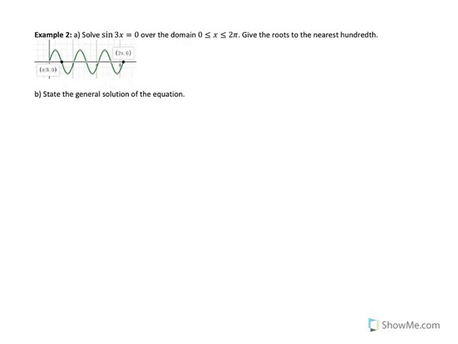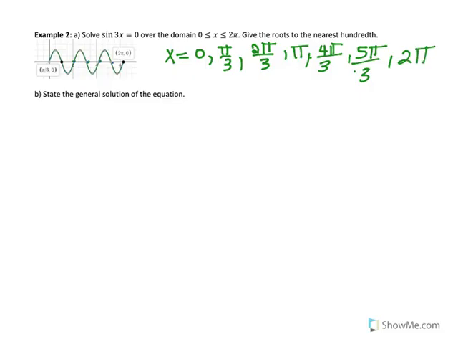Okay, solve sine 3x equals 0 over the domain 0 less than x less than 2 pi. So it's hitting at 0, it's hitting at pi over 3, it's hitting at 2 pi over 3, that would be here, it's hitting at 3 pi over 3, so pi, it's hitting at 4 pi over 3, that's these ones, and then it's hitting at 5 pi over 3, and then it is hitting at 2 pi, or 6 pi over 3.